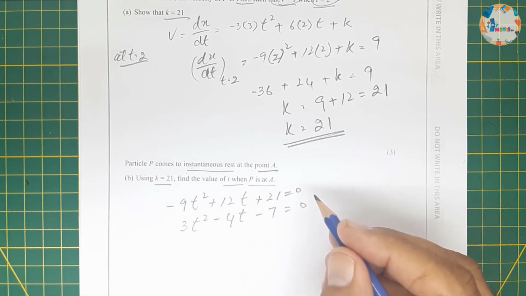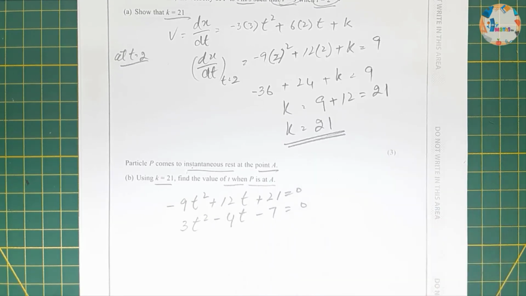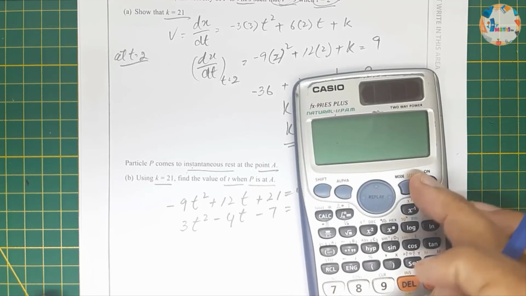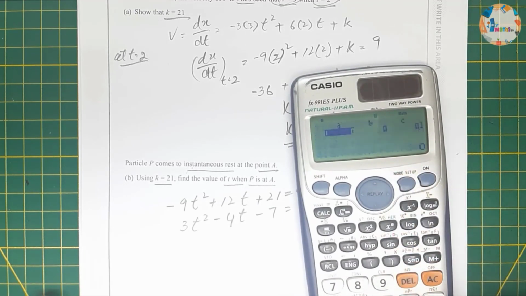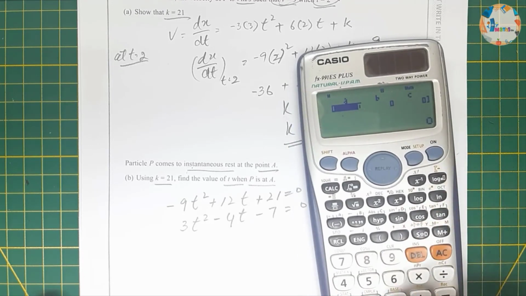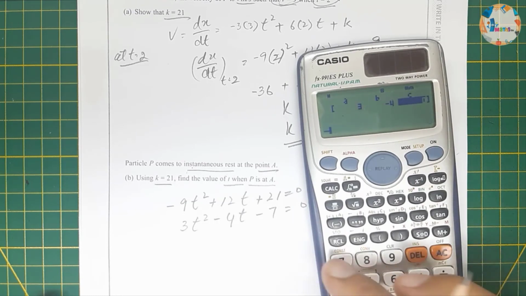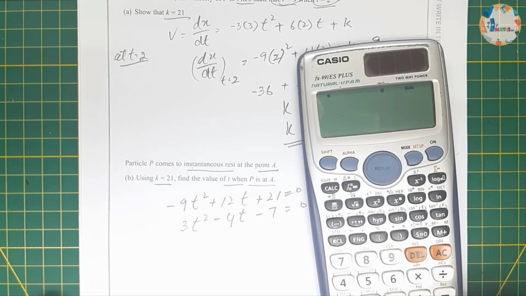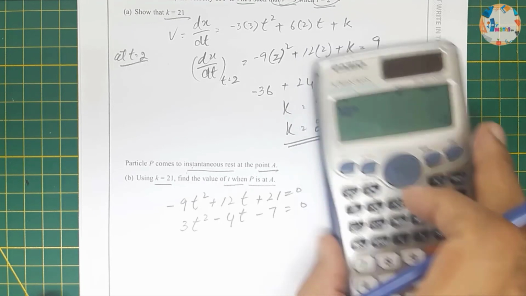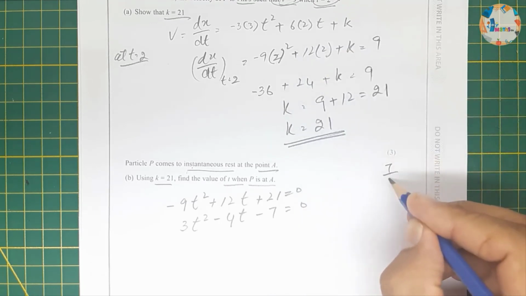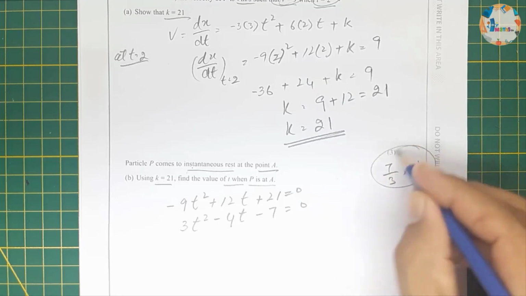Now we can solve this quadratic equation. The coefficient of t squared is 3, the coefficient of t is minus 4, and the constant is minus 7. So this will give us 7 by 3 and minus 1, these are the two values.